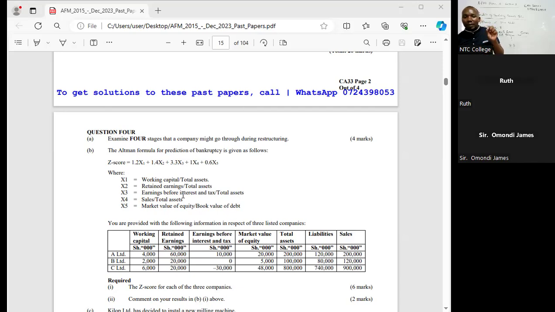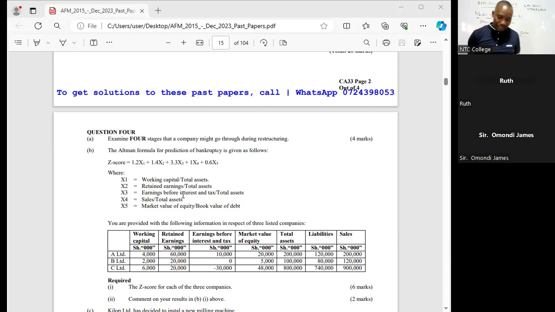That means you multiply the proportion of market value of equity to book value with 0.6. Even though they now call it X5, it is still multiplied with 0.6. Are you noticing that? In this question they have changed it, but the coefficient has remained the same.